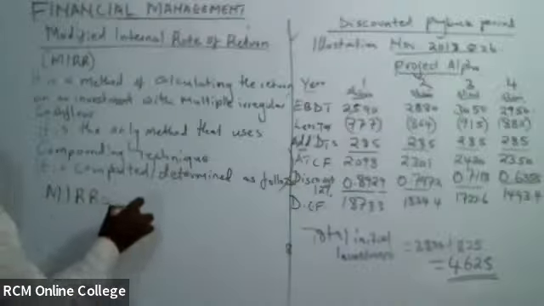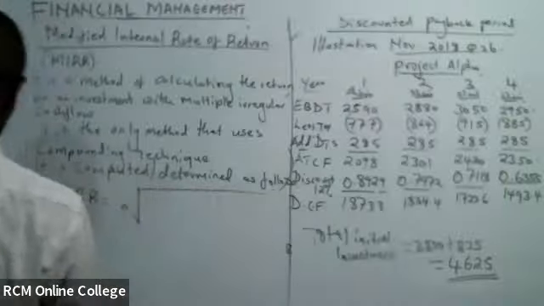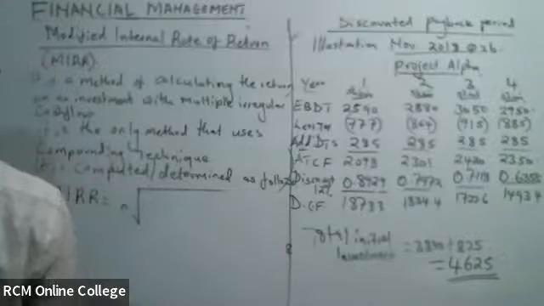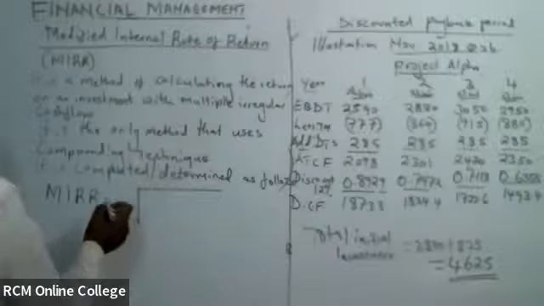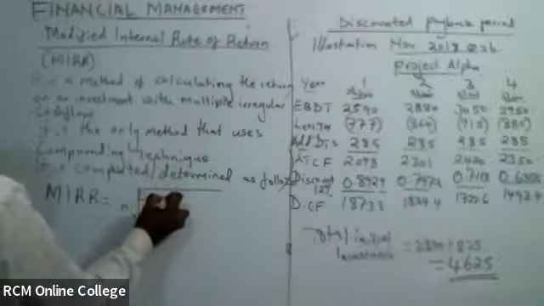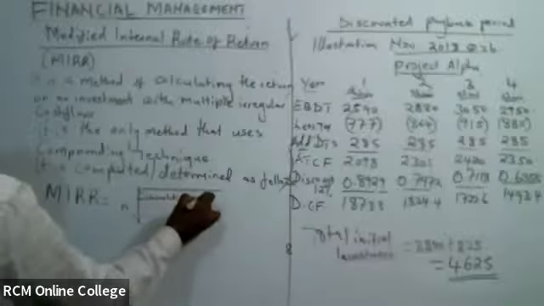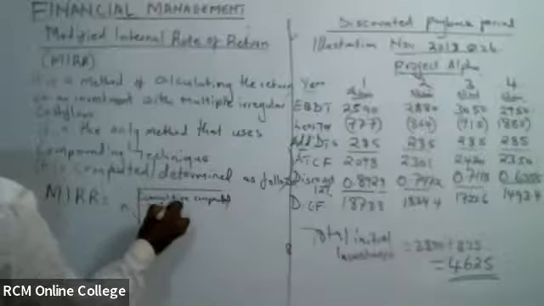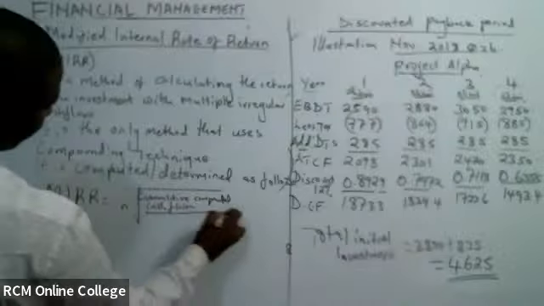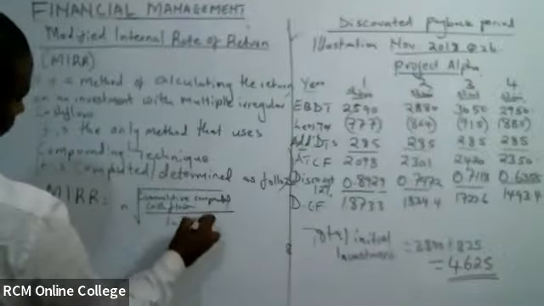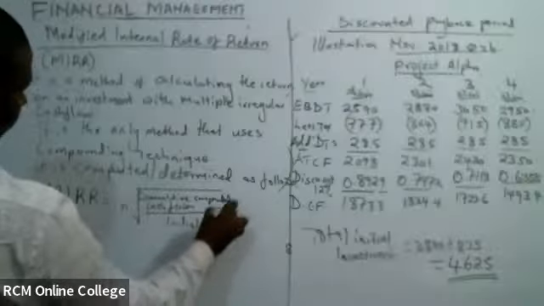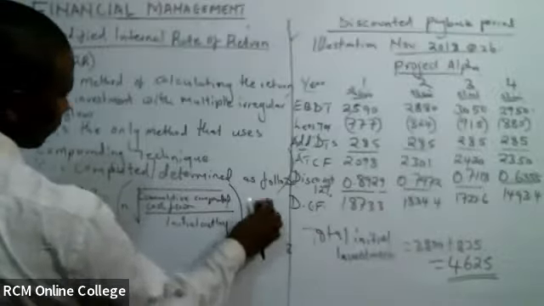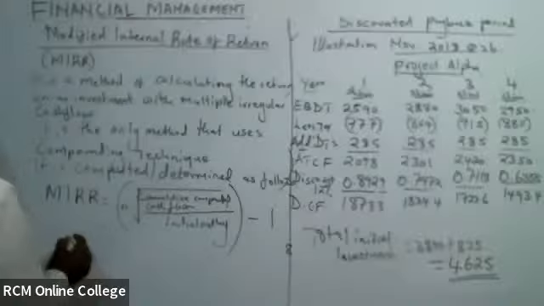It's given by the nth root of the cumulative compounded cash flow divided by the initial outlay, minus 1. The whole of that minus 1, where n is the number of years.